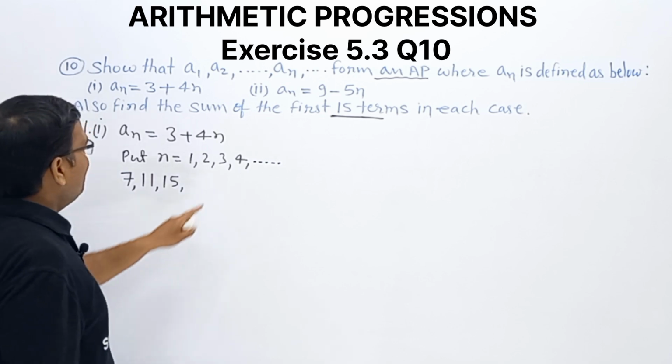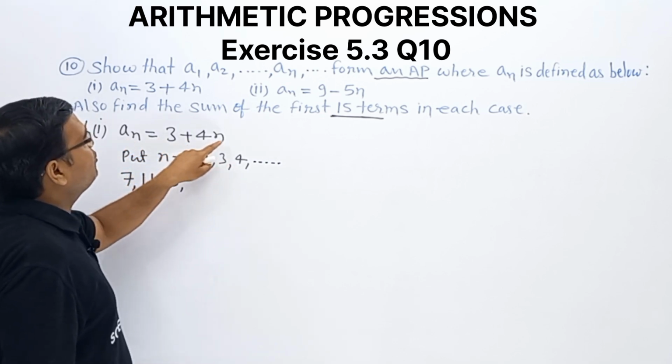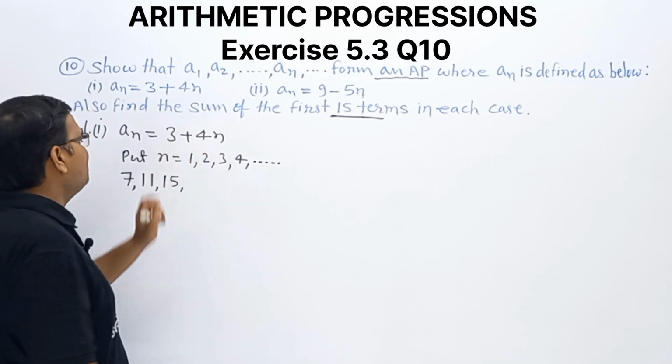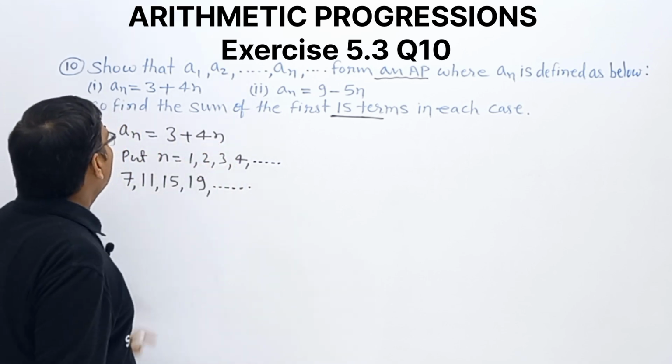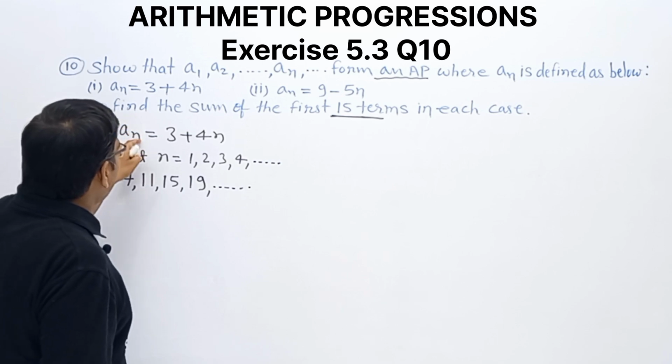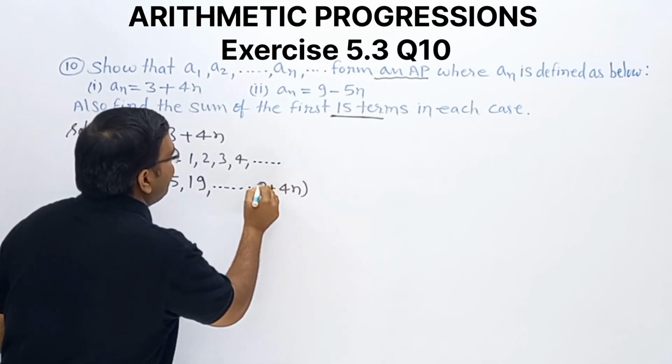Now n equal to 4, A4 will be 3 plus 4 into 4, 4 fours are 16, 16 plus 3 will be 19. And this goes up to the nth term, and the nth term value is 3 plus 4n.